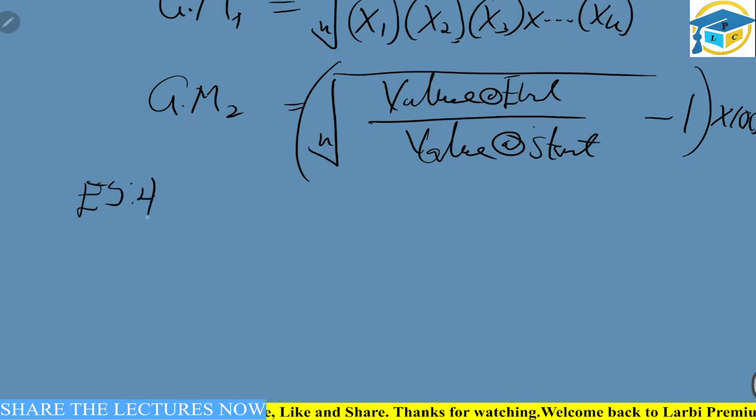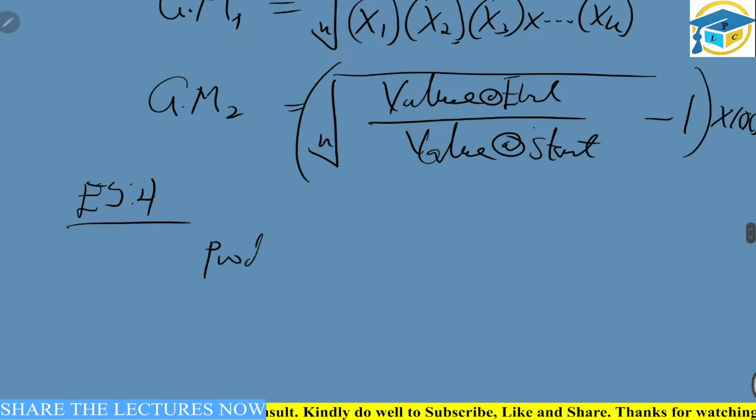The percentage increase of 5 product lines of Despite Group of Companies for the year 2021 were as follows. So we have the product, and we have their percentage increase.